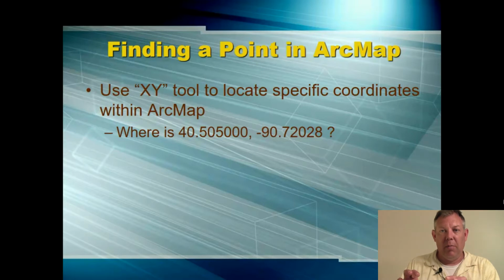Also, when you're in ArcMap, if you find a spot, you can figure out what the coordinates are just by using your mouse. So let's do this. Let me show you an example. First, here's some coordinates. Let me show you how to find this location in ArcMap.